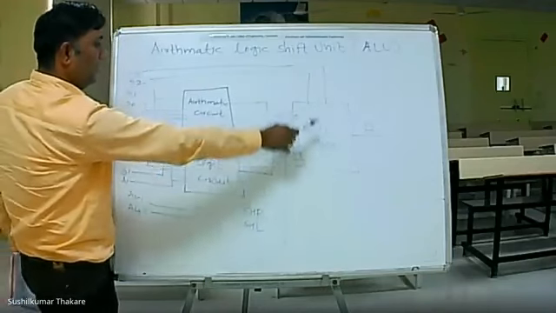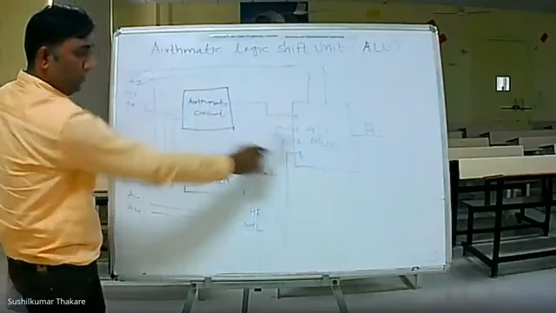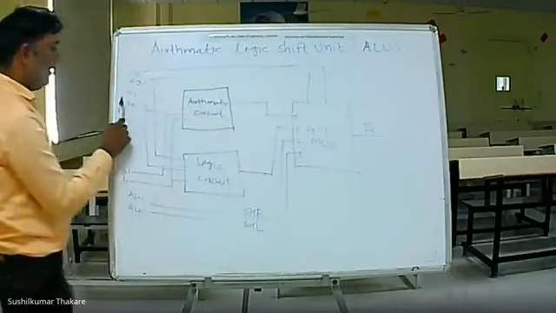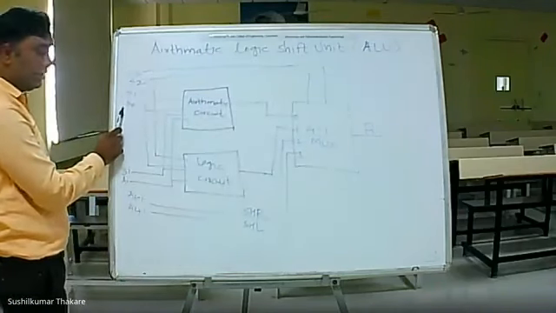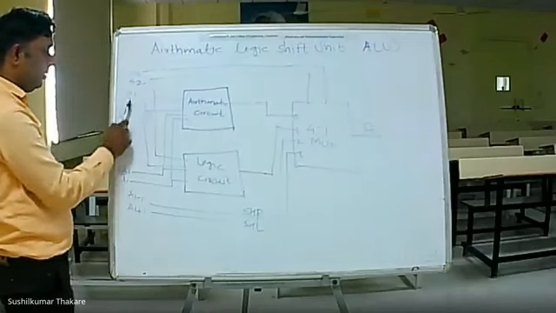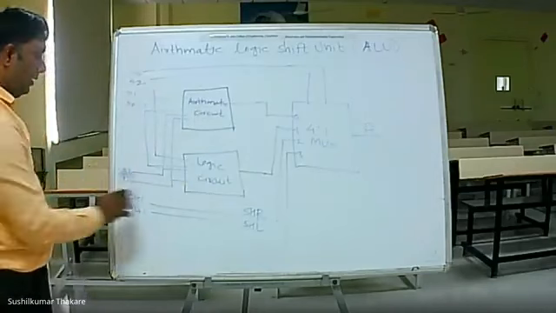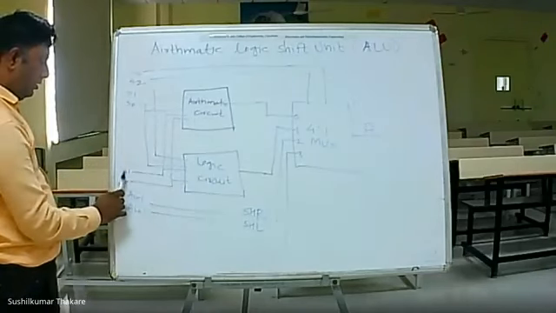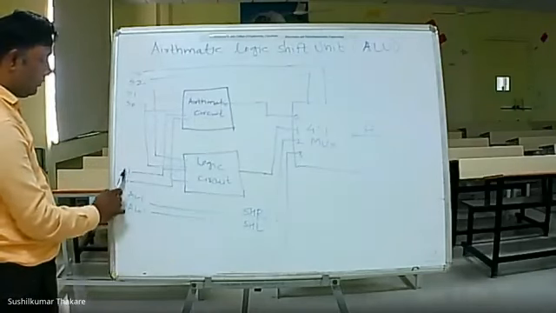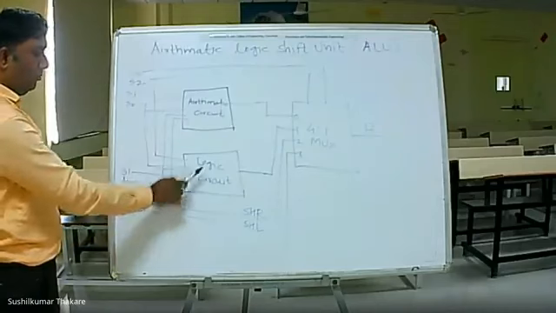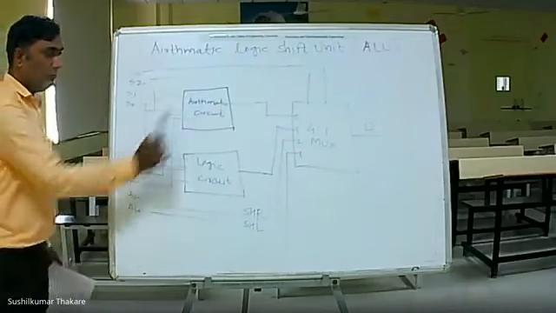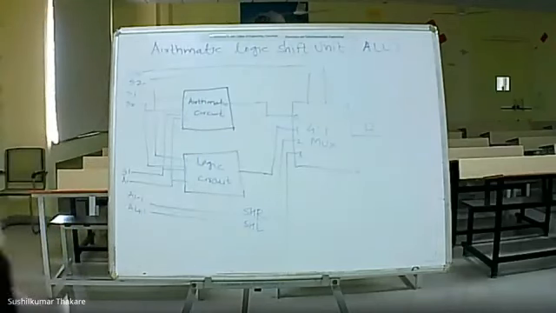Single output Ai, with two select lines S3, S2 for this 4:1 multiplexer. Now S1 and S0 are also select lines, both connected to the arithmetic circuit as well as the logic circuit. And another input is Ai and Bi, connected to both the circuits.